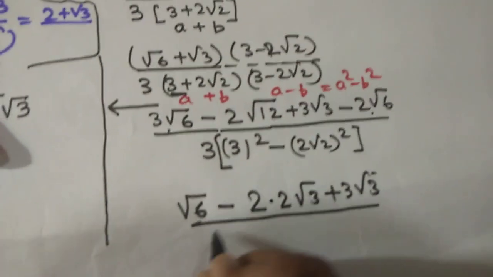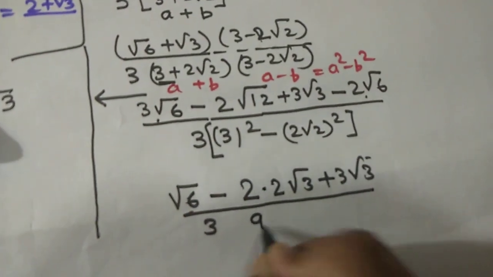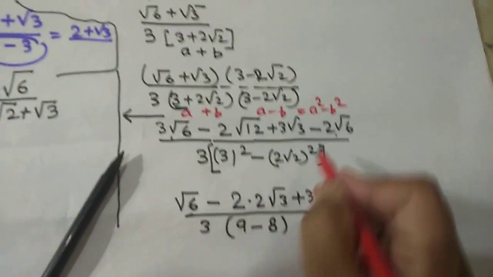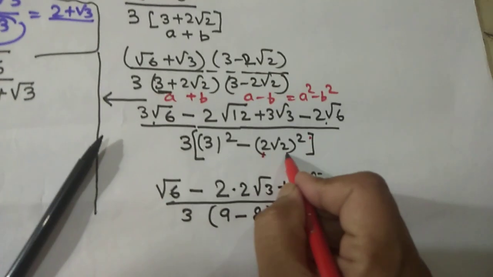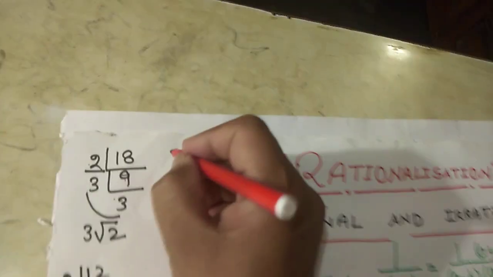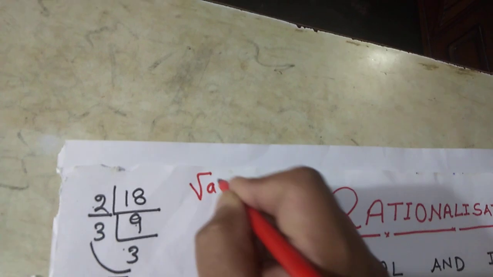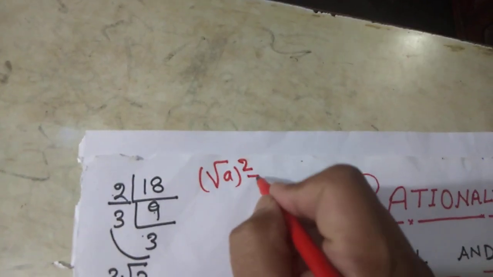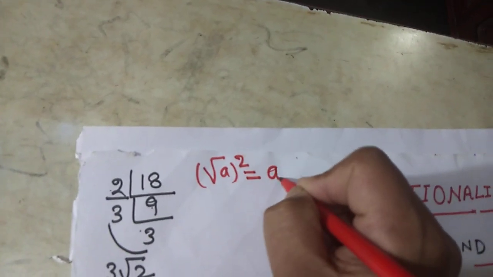Now 3 times 3 is 9, and 2 square is 4, times root 2 square which is 2, gives 8. Or you can note this: any value under a square root, if we square it, gives the value.